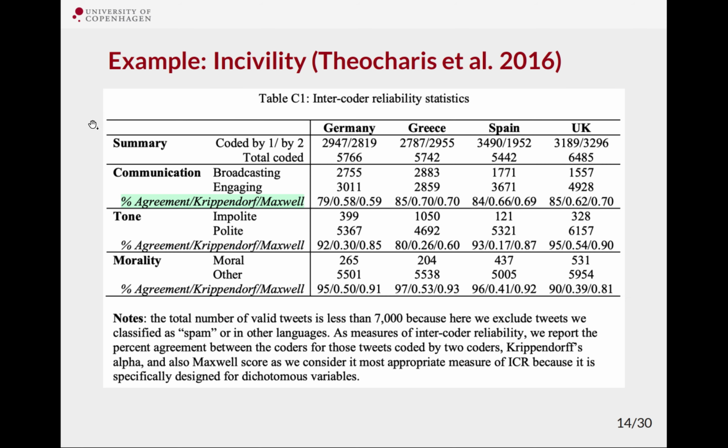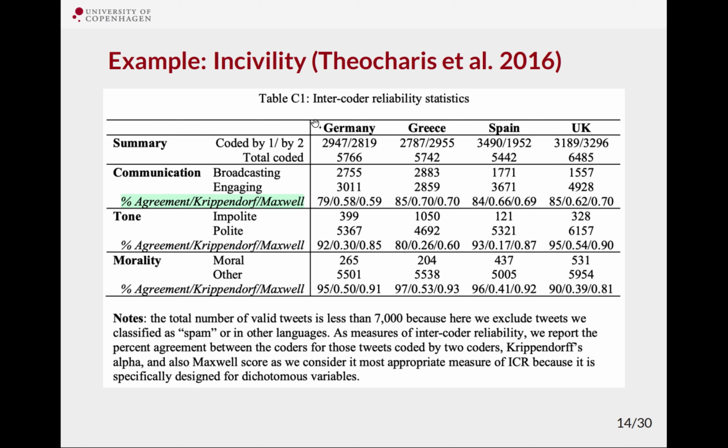And so this is just another example. This is from the appendix of the Theocharis article. They provide the percent agreement and how they coded in Germany, Greece, Spain, and the UK. They looked at 4 different countries and incivility.